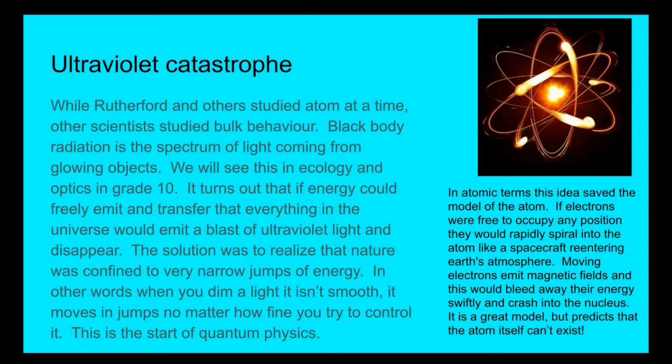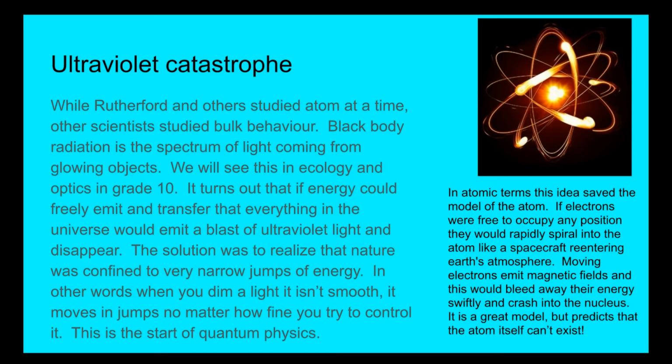And they wanted to study the light coming off things when they heated. This is called blackbody radiation, and it's the spectrum of light coming from a glowing object, and we will see it in ecology and optics in grade 10. It turns out that if energy could be freely emitted and transferred from an object on any wavelength you wanted, everything in the universe would start emitting radiation in a blast of ultraviolet light and disappear.